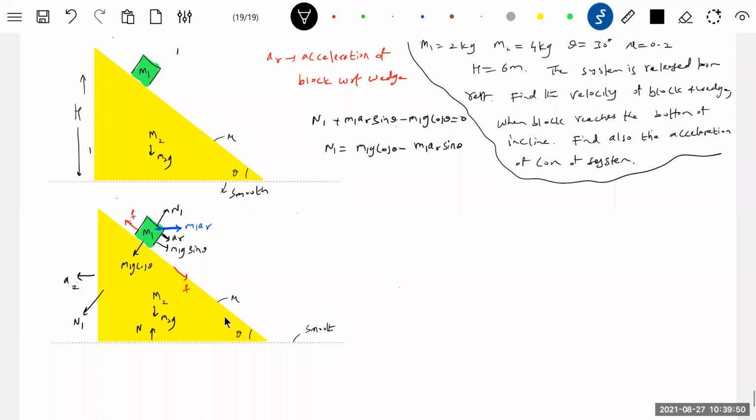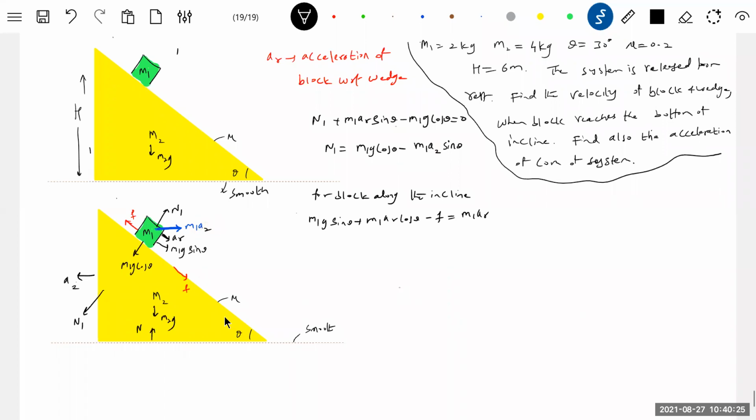Okay, we got N1. Then let's write the equation of motion for the block along the incline. M1 g sin theta plus M1 AR cos theta minus friction equals M1 A2.